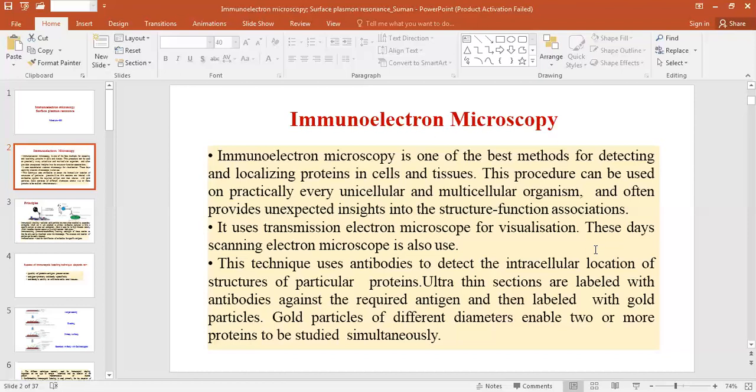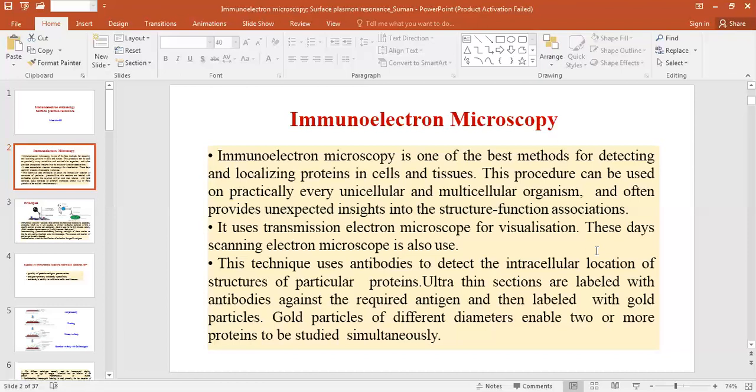Immunoelectron microscopy was a term that was originally confined to studies that made use of the transmission electron microscope, but now includes those that use the scanning electron microscope also.